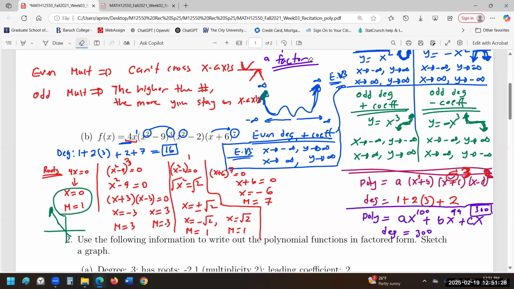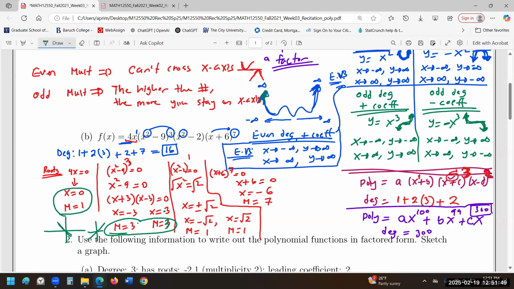So on the x-axis, you can cross the x-axis either this way or this way, straight crossing. But look at here. For x equals 3 and x equals negative 3, you have multiplicity 3. What does that mean?